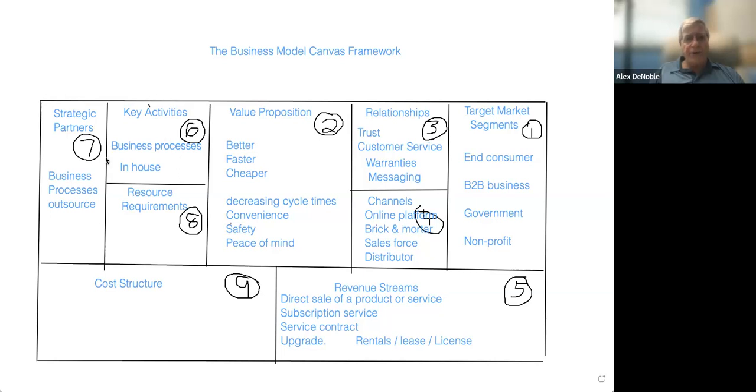So as you make decisions on which business processes you're going to keep in-house versus which business processes you plan to outsource to other strategic partners, we have to now start thinking about the key resources that you're going to need to start your business.